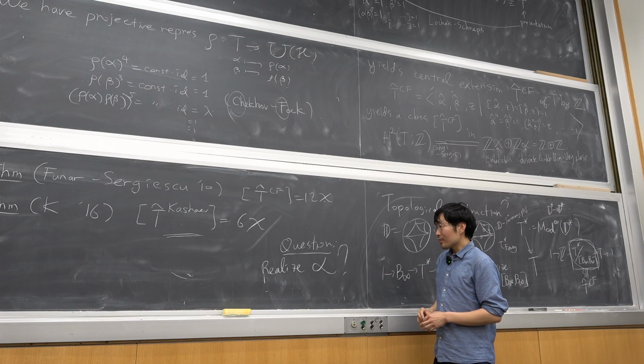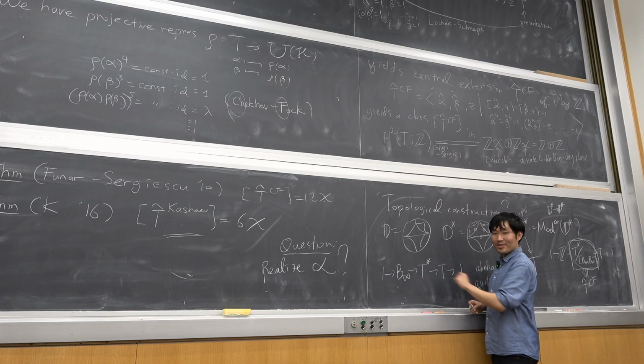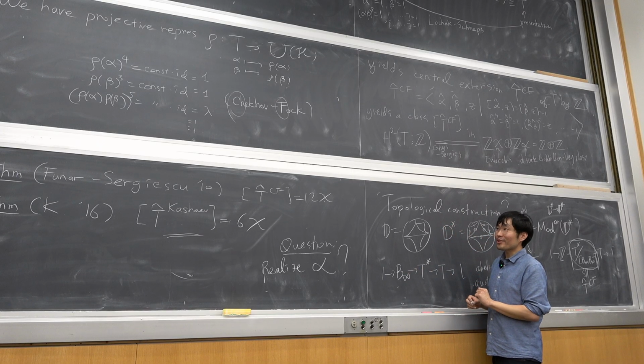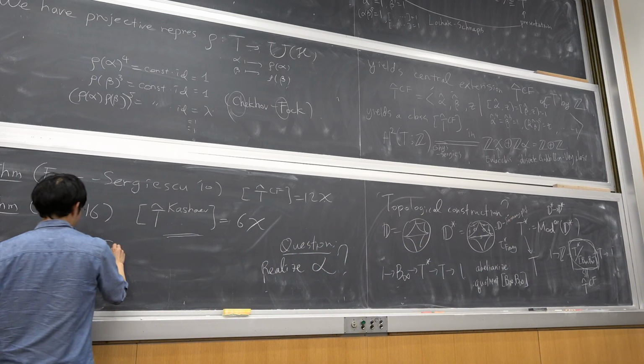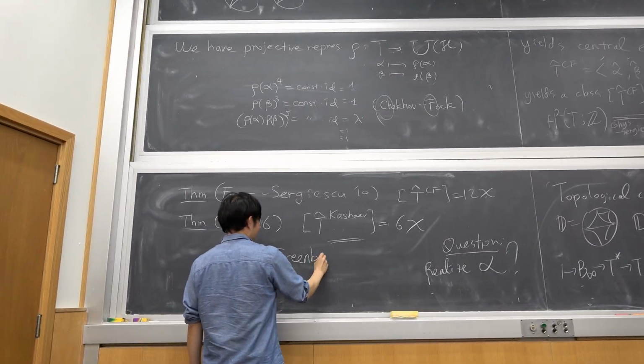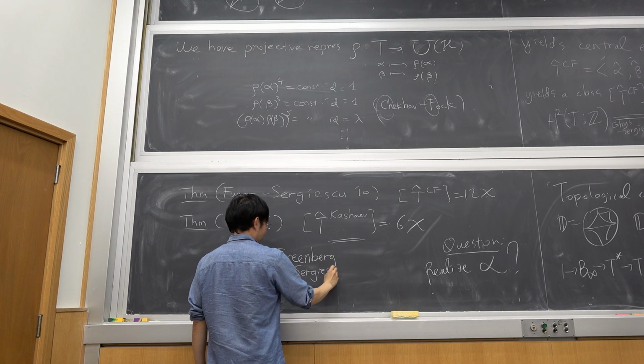What is possible is that there is a topological picture that realizes alpha, and that's actually what connects to Greenberg and Sergiescu's work.